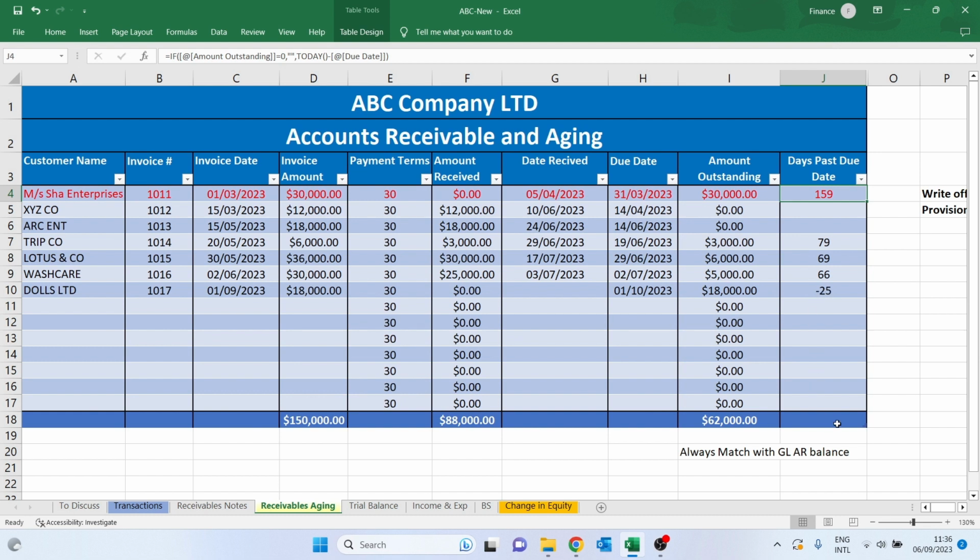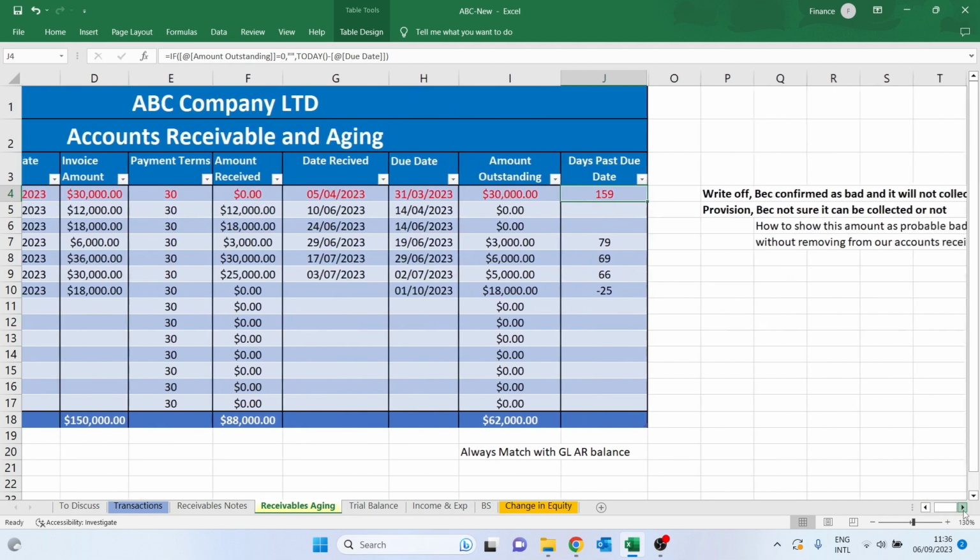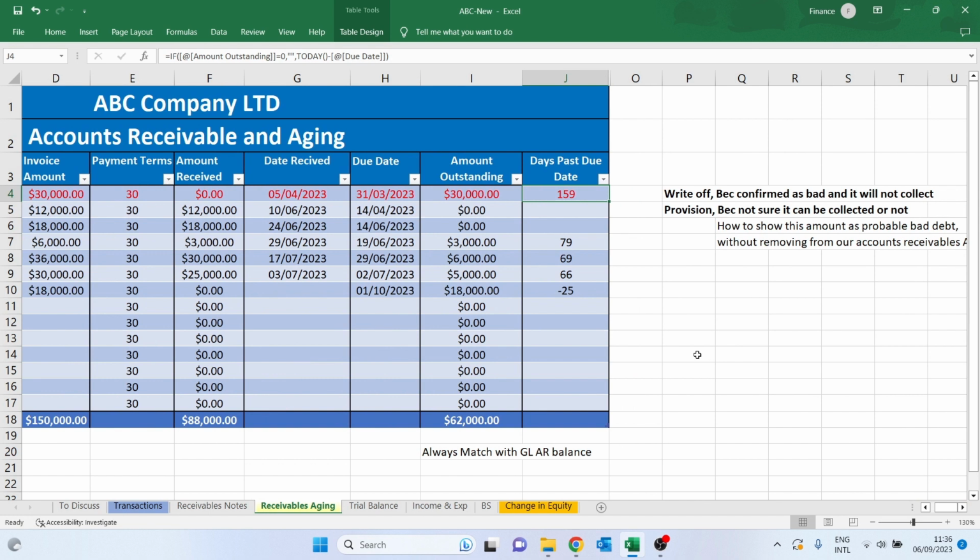So, if the customer is not responding, or maybe they have gone bankrupt, or their trade license is expired and they ran away from the country, then in that case, this 30,000 is not at all recoverable.